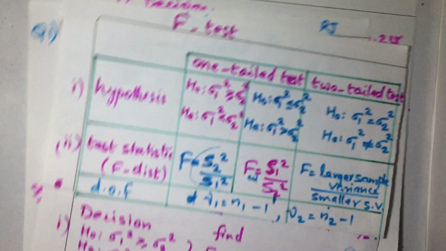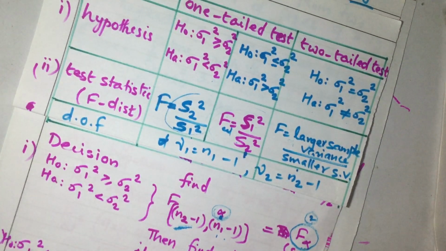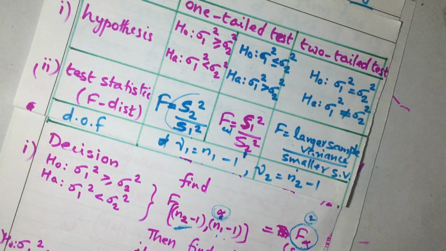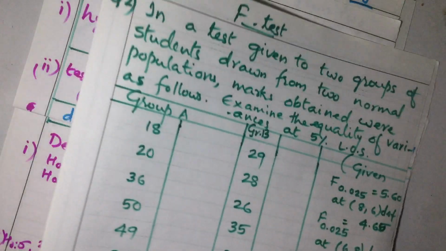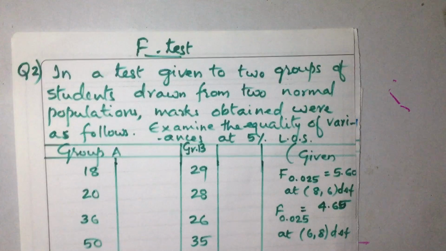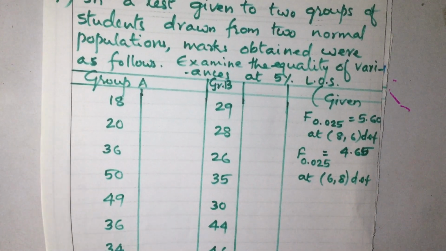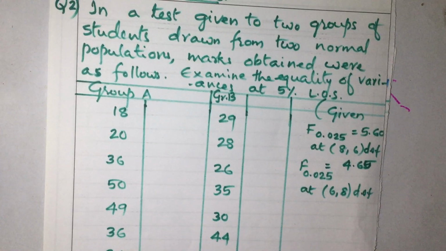Now we will do another question. See this question. In a test given to two groups of students drawn from two normal populations, marks obtained were as follows.